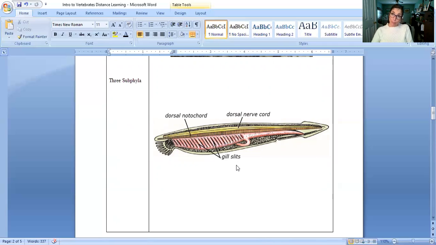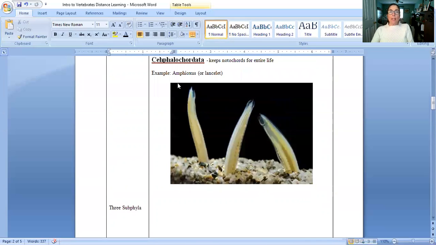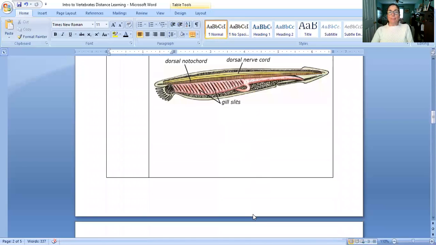A fish is a true vertebrate, so these are not fish. A fish has a skull and a bony skeleton, but these are similar to a fish in the way that they respire and in their general shape. Okay, so that's the subphylum Cephalochordata.